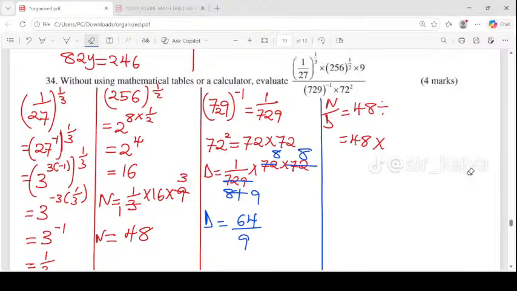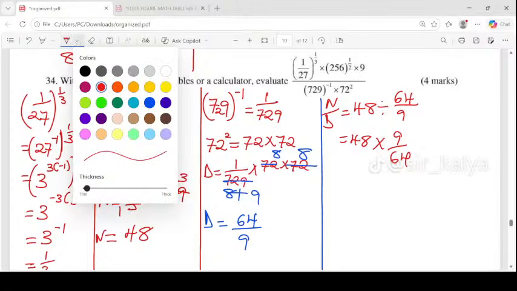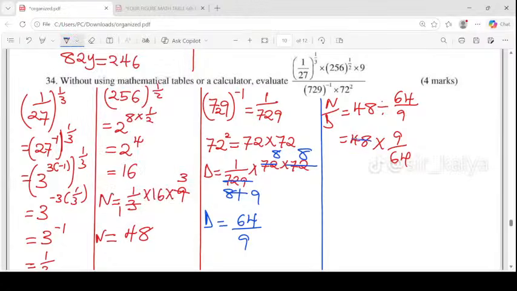So this is like saying numerator 48 divided by our denominator, which is 64 over 9. The division changes to multiplication. Then the fraction reciprocates to 9 over 64. Once it changes, again we can simplify. 8 into 48 is 6. 8 into 8 is 8. 8 into 64, it is 8.